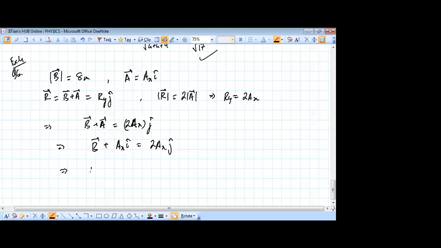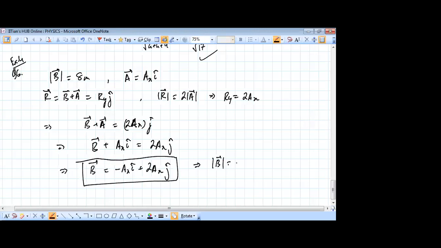So that means the vector B is how much? It is minus Ax i cap plus 2Ax j cap, or the magnitude of the vector B is square root of Ax square plus 4Ax square, so that is root 5 times Ax.